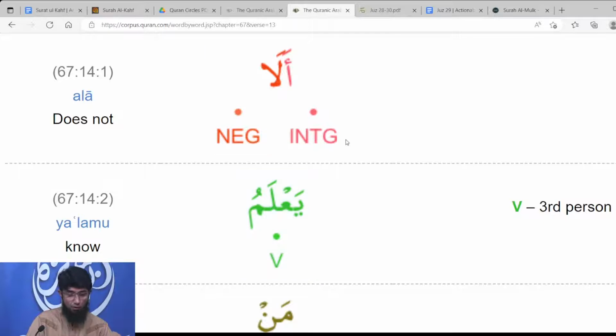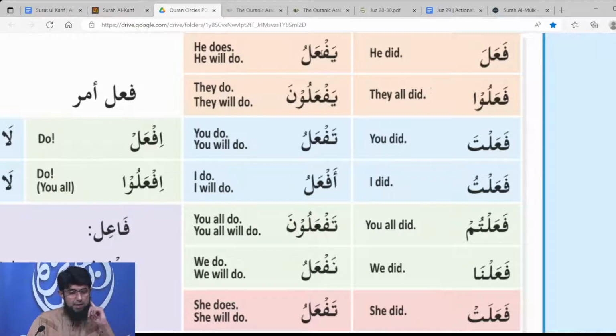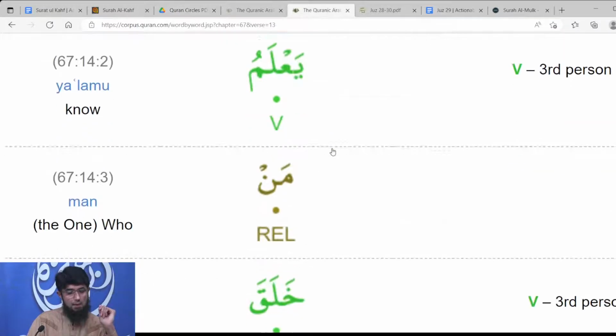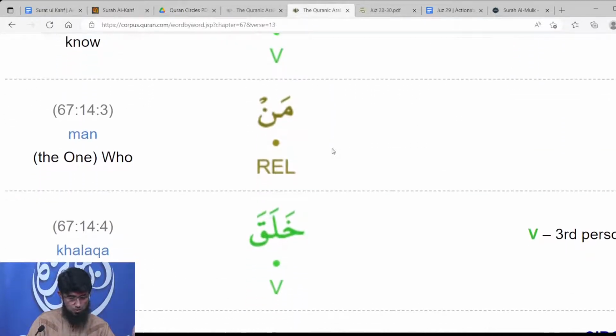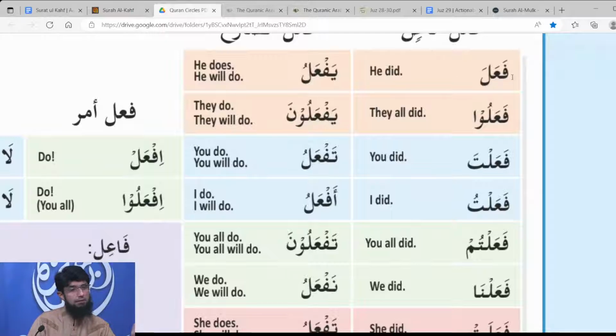So this ya is for "he." So it's the same pattern that I was showing you here. So what do you think is this yaf'alu pattern? Ya'lamu. Yaf'alu, ya'lamu. Man khalaqa. So he created. Okay? So this is the "he created" pattern right away, right? Fa'ala, khalaqa.